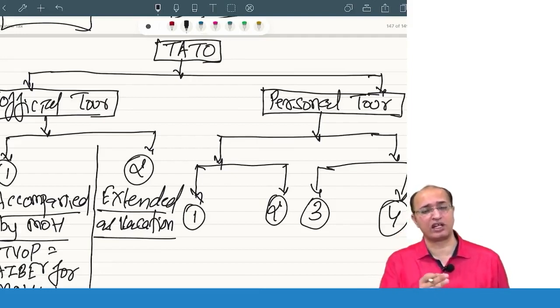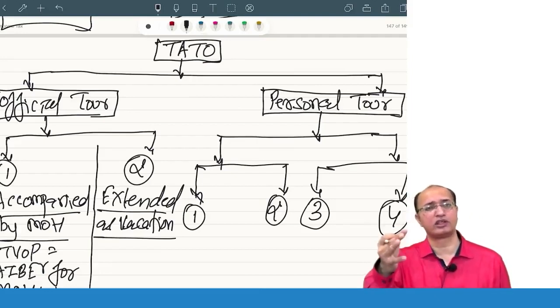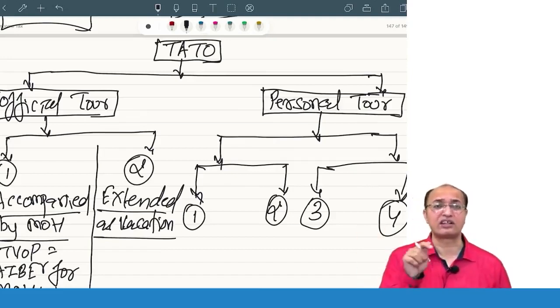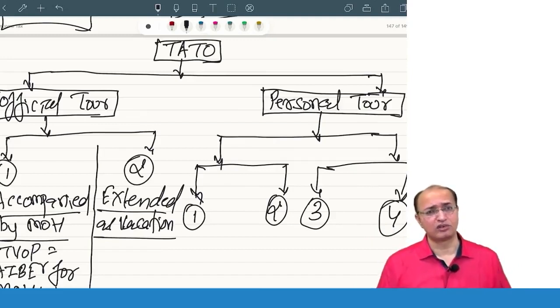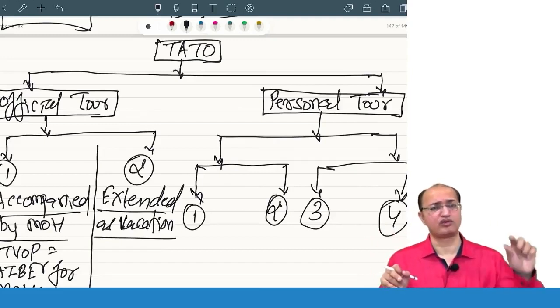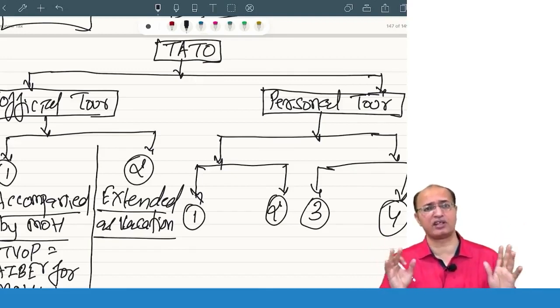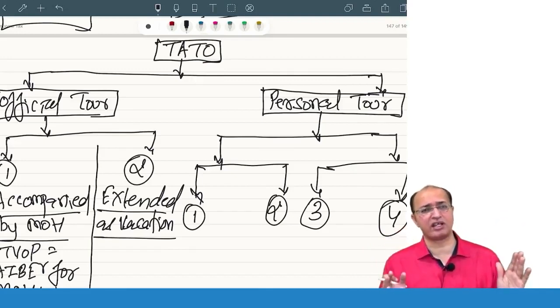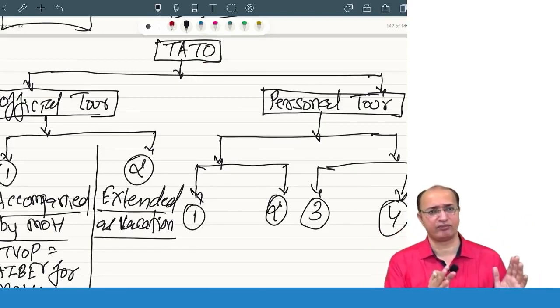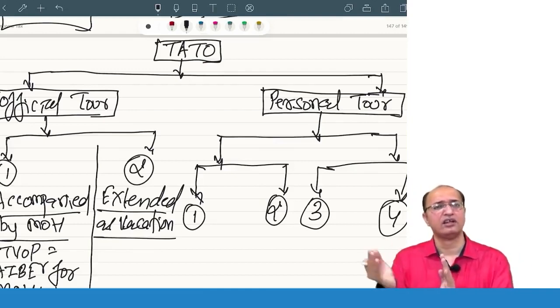So Saturday and Sunday, from here we'll go to Tirupati, we'll come back, and then we'll catch the flight from Chennai and go back to Mumbai. So the total tour was from Monday to Sunday. How many days? 7 days. But out of these 7 days, the official work was carried on only for 5 days, Monday to Friday. Saturday and Sunday were extended as vacation.